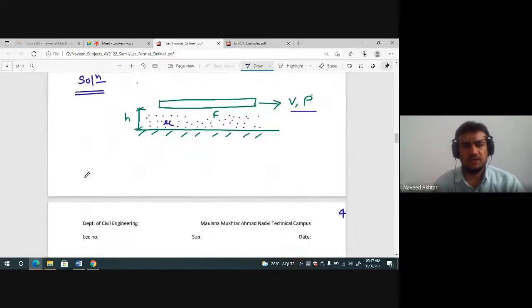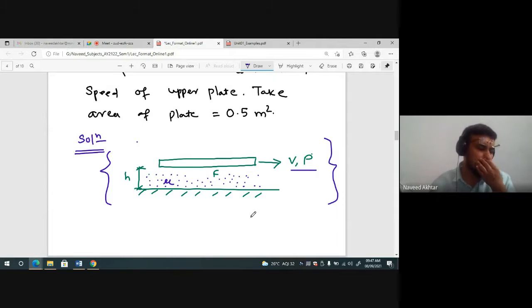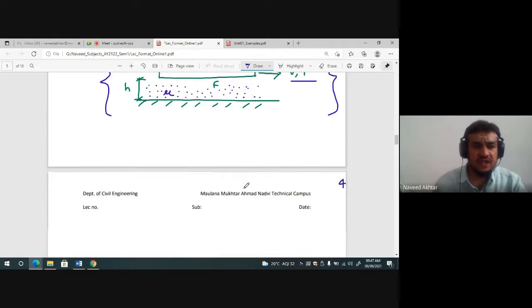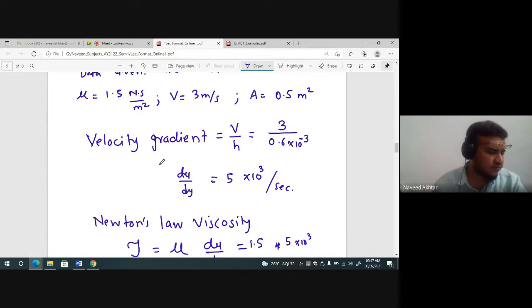When you solve a problem, first try to analyze the problem and try to make a figure so that it is easy for you to solve the example. Then you have to write down the data given, and then you have to find out step by step what is required.